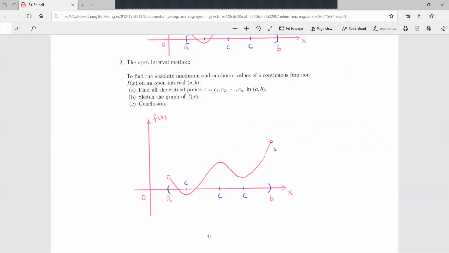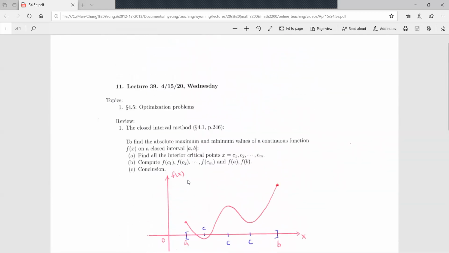And also we can see the location of the maximum or the minimum. Then based on the sketch, we can make conclusion. Say for this curve, we can see that this curve has no maximum over this open interval AB, because this one is open down. But it has a global minimum. The minimum, the location is this critical point.